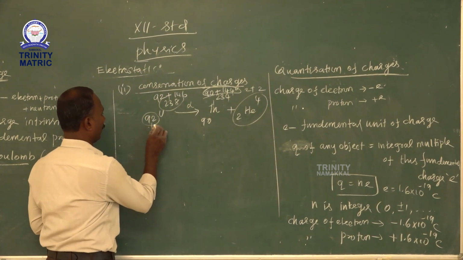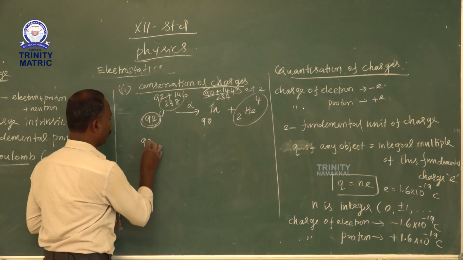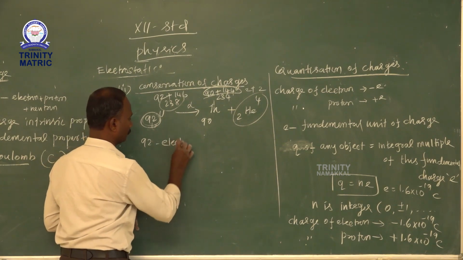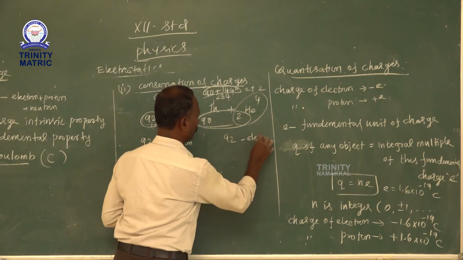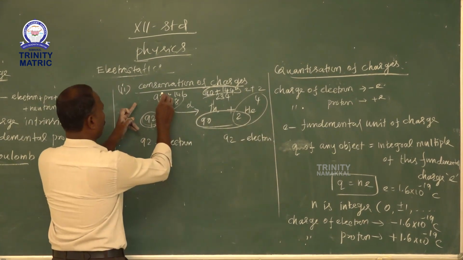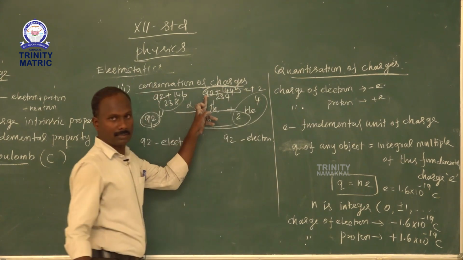See here, 92 atomic number, so 92 electrons. Here also 92 electrons. Here 90 plus 2, 92 protons.